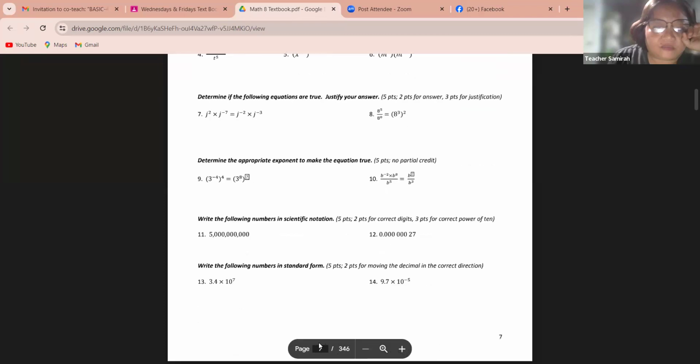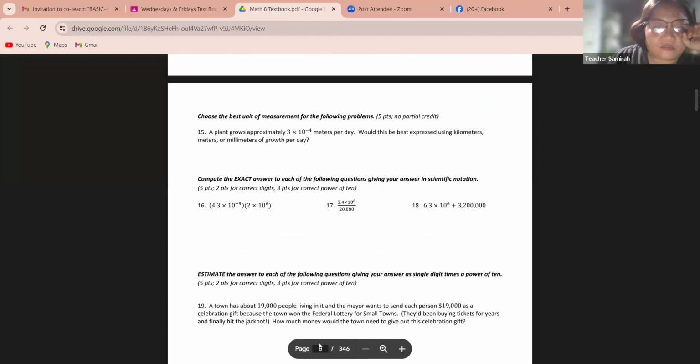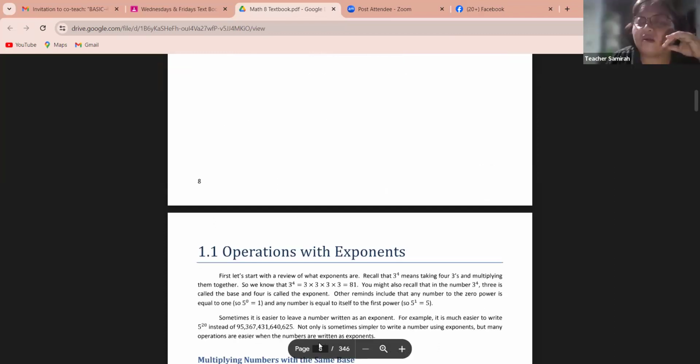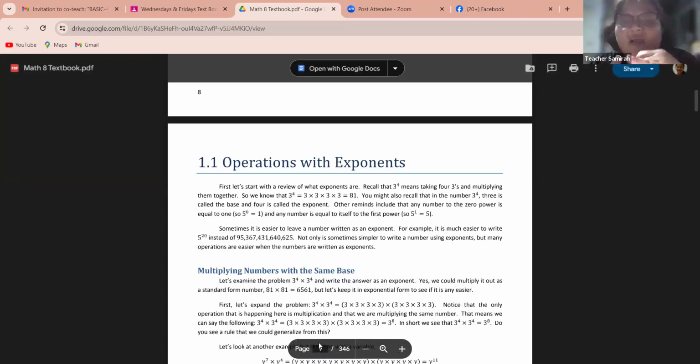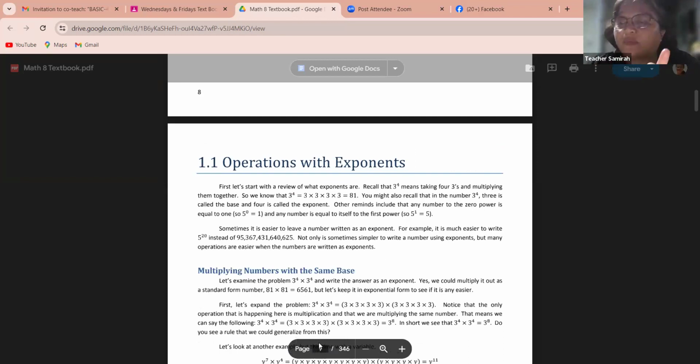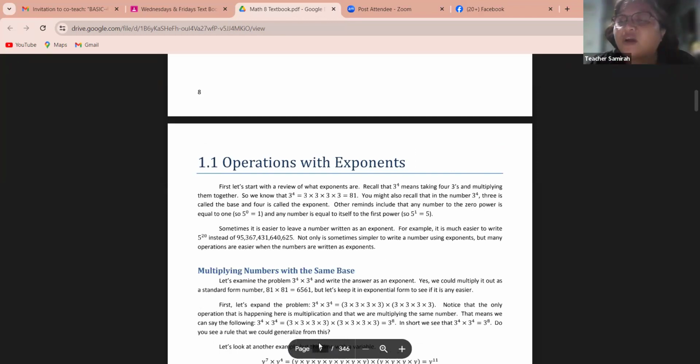The example is 3 to the 4th, because we multiplied 3 by itself. How many times did we multiply 3 by itself? We multiply 3 by itself 4 times. So how do we do that? 3 times 3. What is your answer? 9. 9 times 3 is 27. 27 times 3 is 81. So that is what we did to get 81.